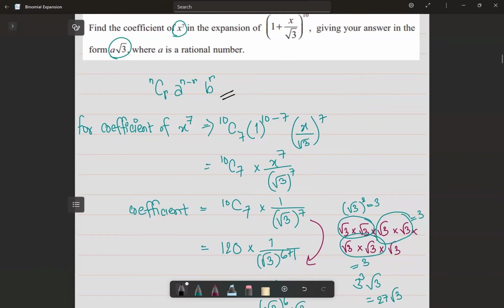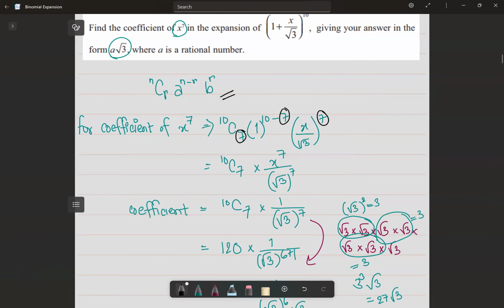X to the power 7, how will we get that? We saw that x is the second term, right? So if x is the second term, then it is somewhere here. So we did not write the values of r. We kept it as r first.